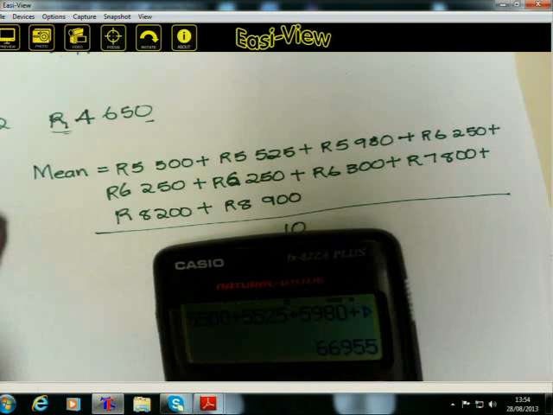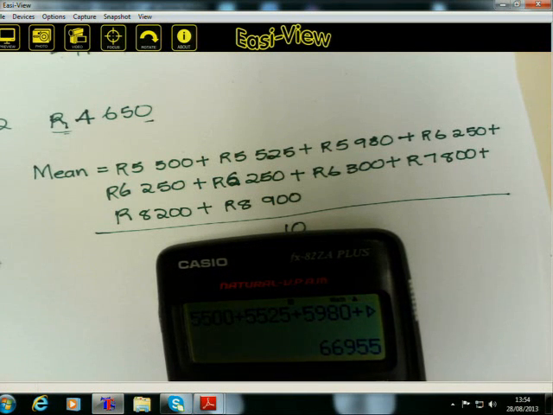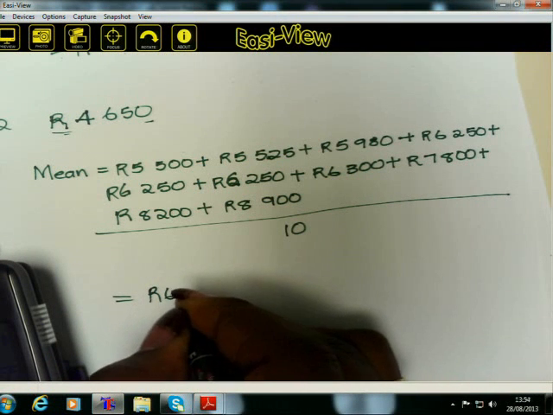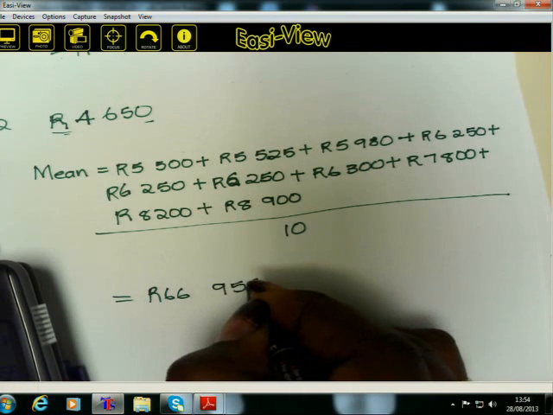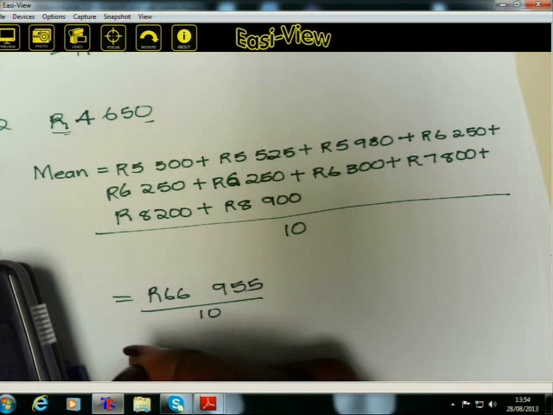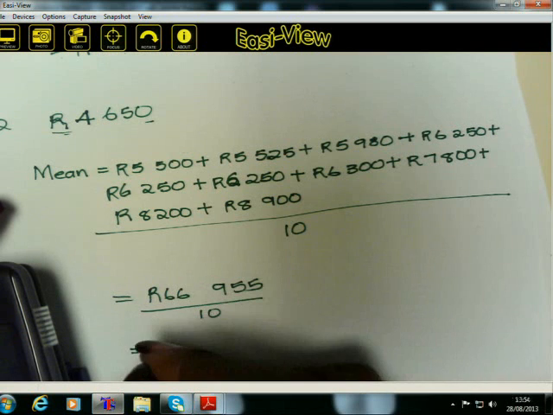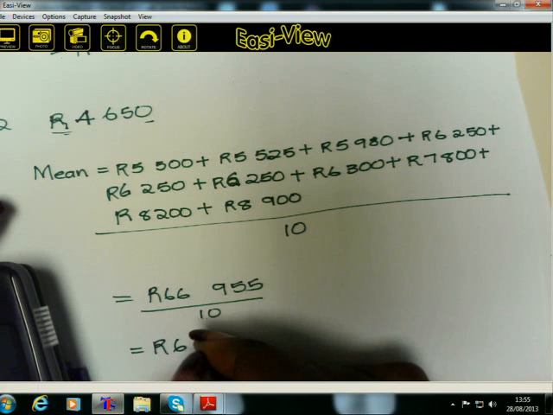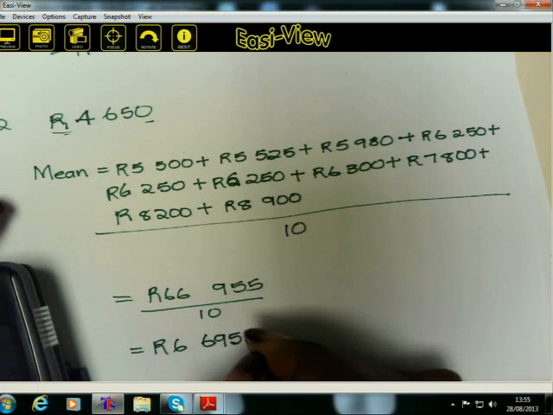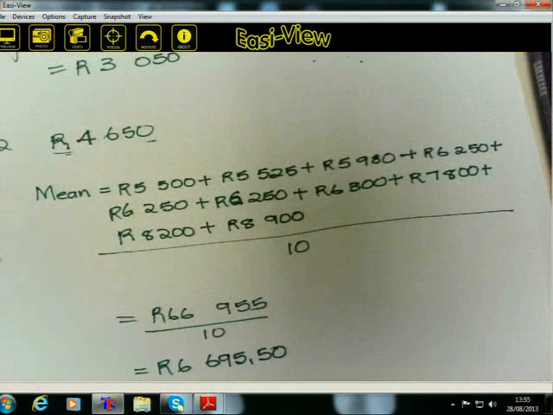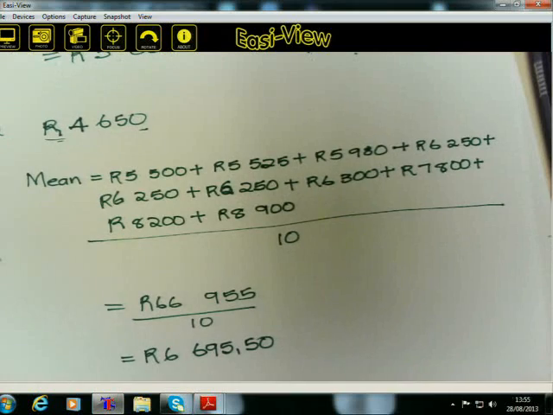Our answer is 66,955. We divide that by 10 and we get an answer of 6,695 rands 50 cents. So that means this is our average salary at Johannesburg.